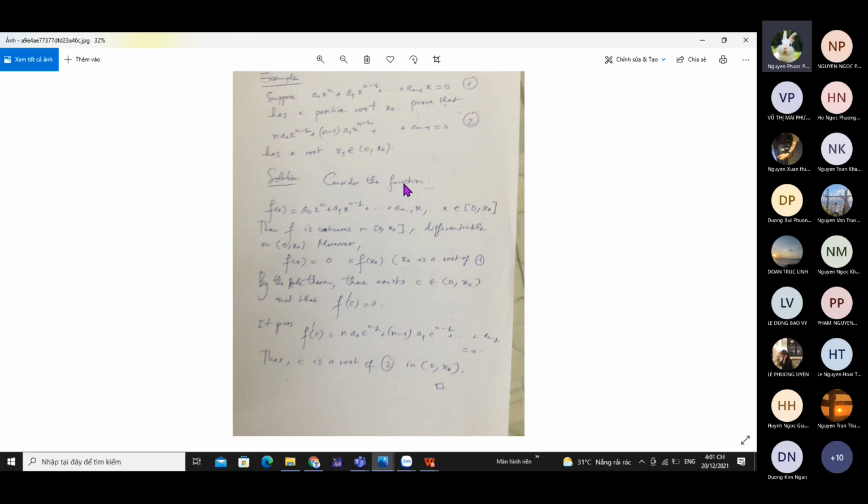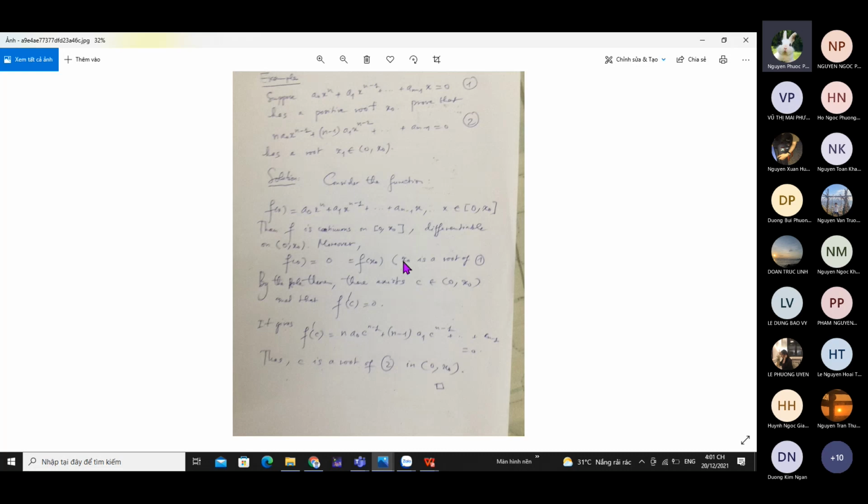Okay, so the key thing here is the left hand side. Look, the left hand side of equation number 2 is just the derivative of equation 1. I mean, if you differentiate each term of the left hand side of equation 1, you get the left hand side of equation number 2.